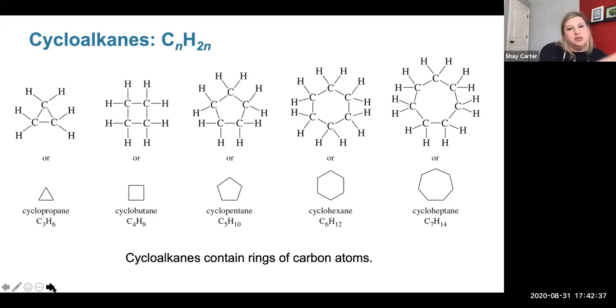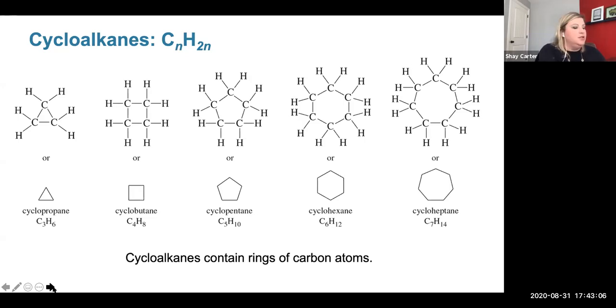So these are some examples of different cycloalkanes, and cycloalkanes are just like straight chain alkanes, except that they have less hydrogens because they're connected to each other. Okay, so a three-membered little cyclopropane group has 3 carbons in it, shaped like a triangle.